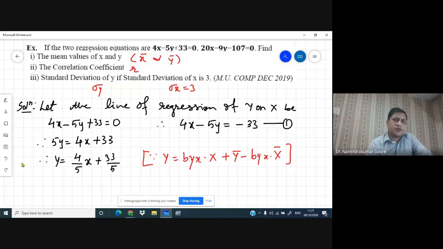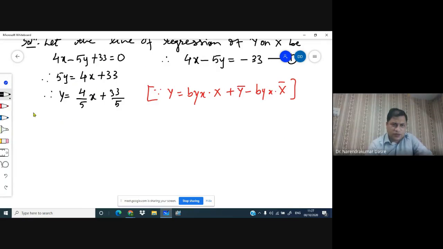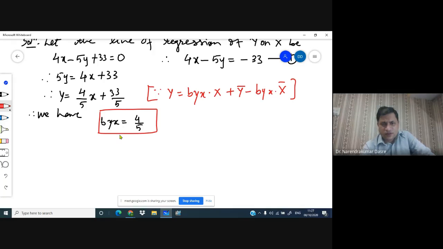So comparing this, we are able to get, and hence we have byx is equal to 4 by 5. Okay, so that's what we got. byx is equal to 4 by 5. Let this be equation 2.